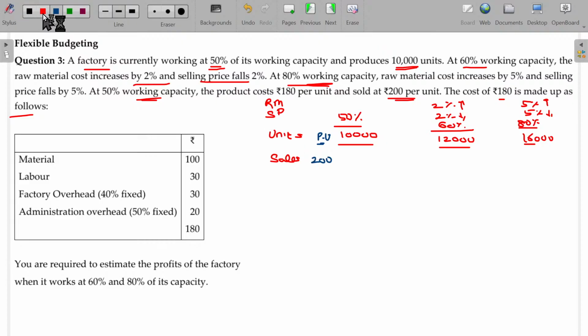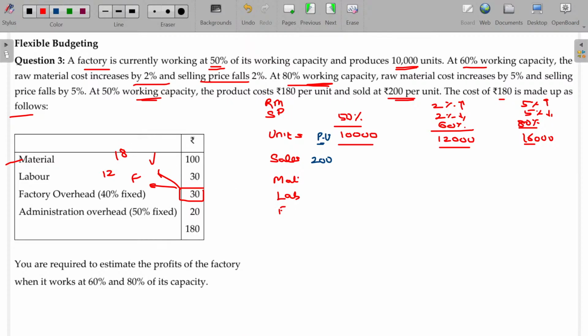Right. Apart from that, total cost. In total cost, we have material, labor, factory overheads 30 rupees, and 40% fixed. Okay, fixed as well as variable. Fixed part 40% means 12 rupees per unit, 18 rupees is variable.